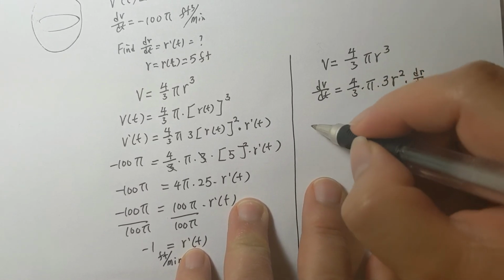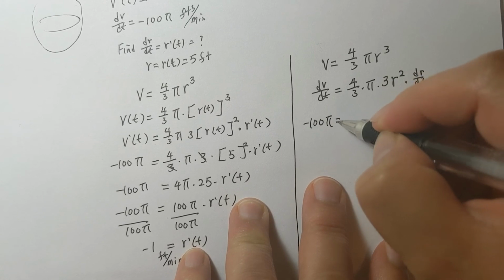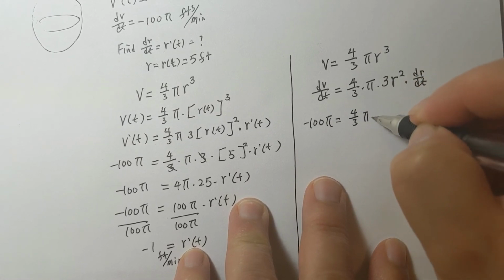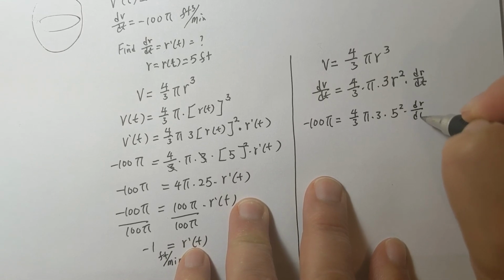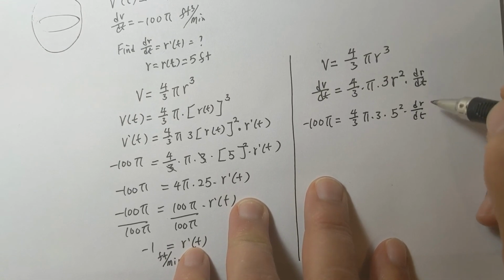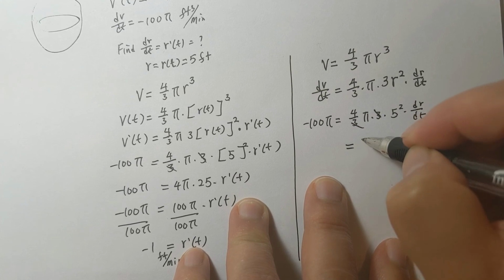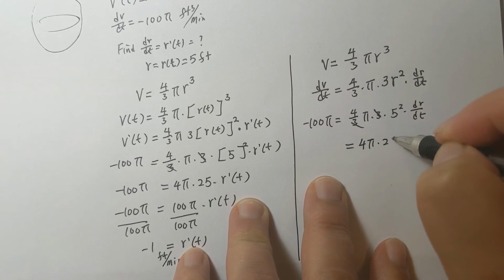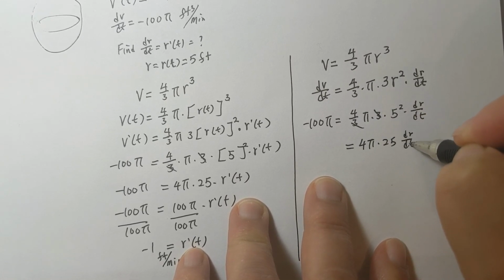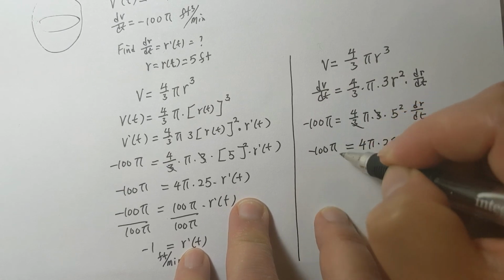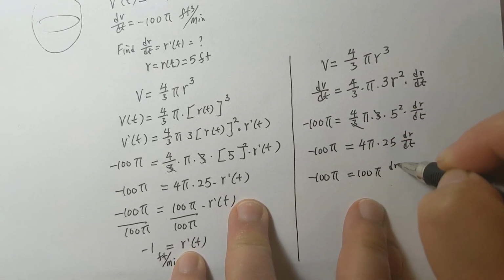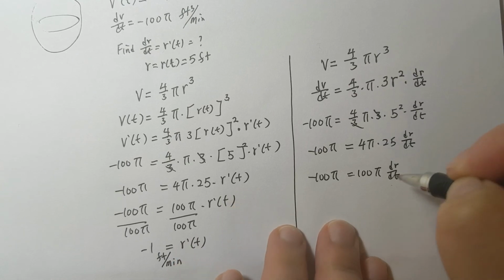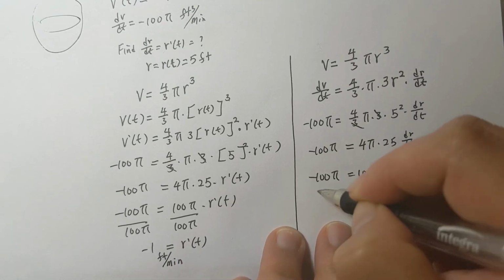Now we do substitution. And the next step, we're just going to solve for dr/dt, and then we divide by 100 pi.